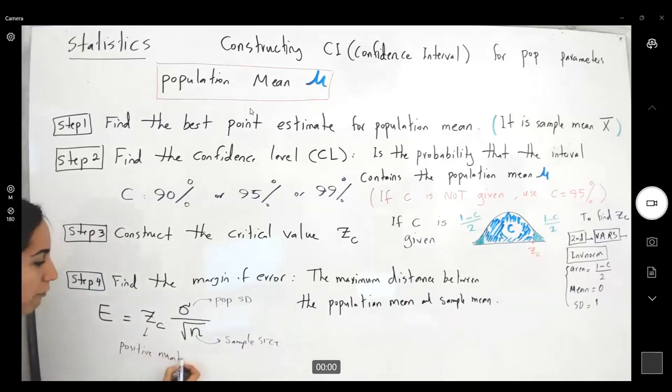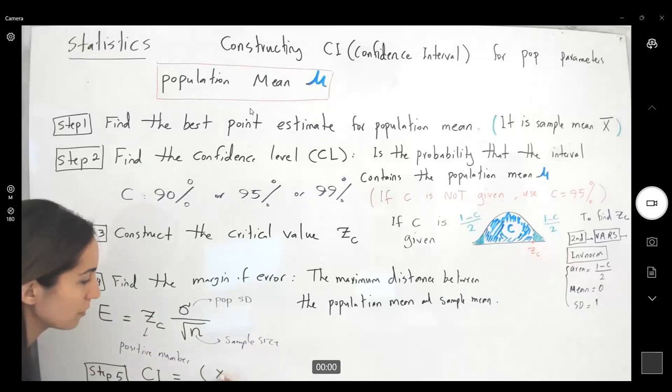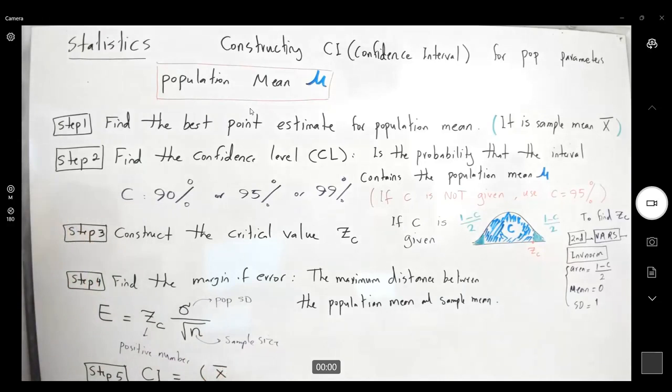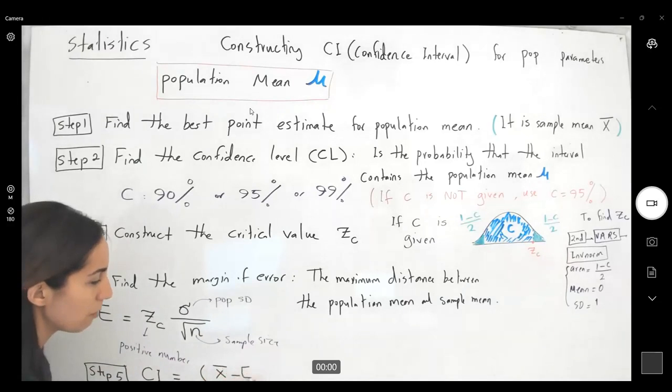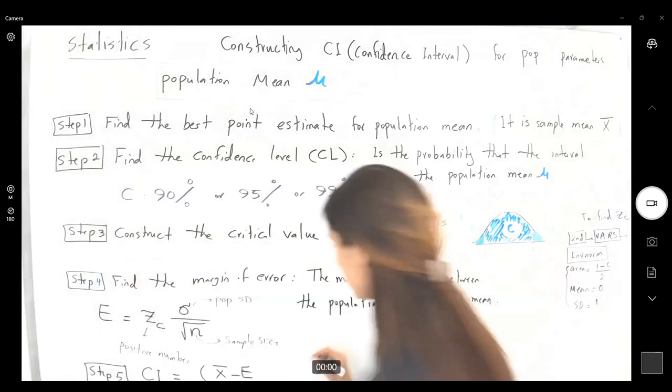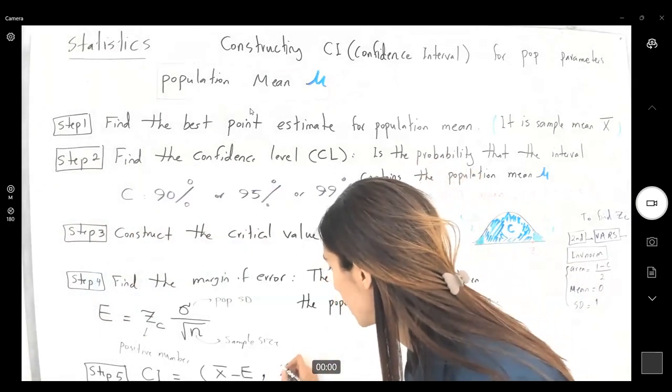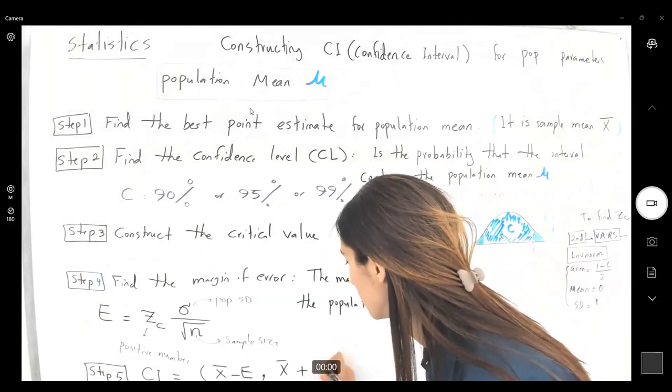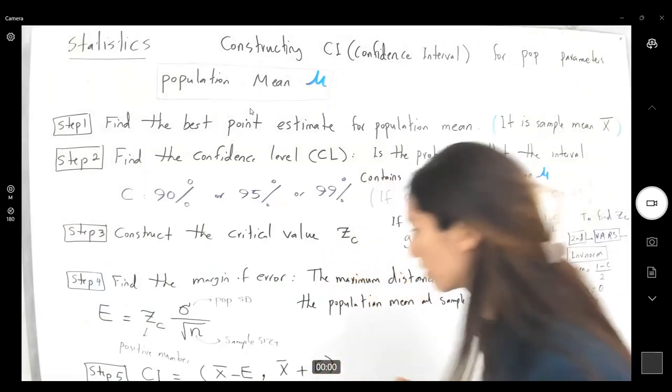Okay, and the final step is constructing your confidence interval. So step 5, the confidence interval is equal to parenthesis. Well, here you have your X bar, the sample mean, minus the margin of error, comma, the sample mean, plus the margin of error.